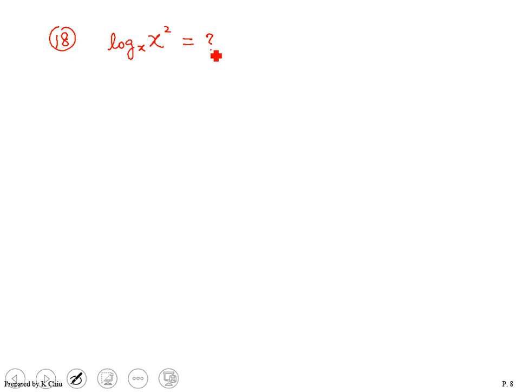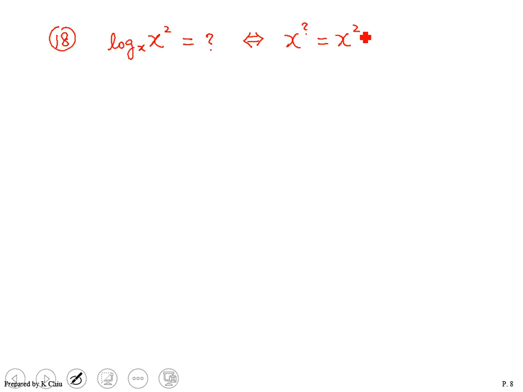Question mark is just a variable. So I turn it into the exponential form. So I have the base, which is x, raised to the exponent, which is a question mark, equal to what? X squared. Very good.